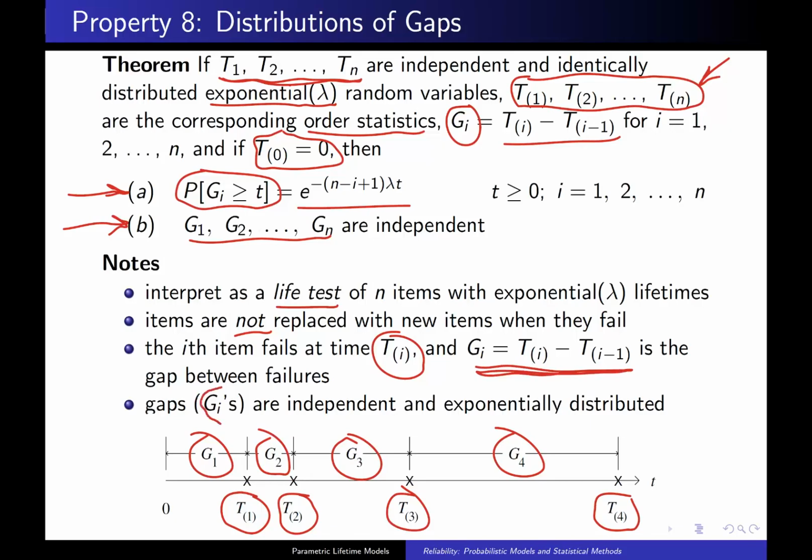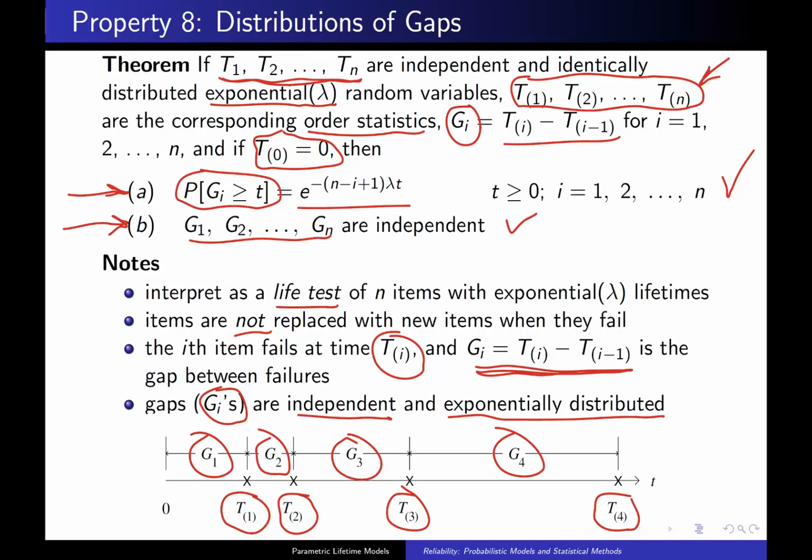Turns out these G sub i's are independent, and that is from the B result. And in addition, they're exponentially distributed, and that's from the A result. Now notice they have different exponential distributions because the parameter depends on i.